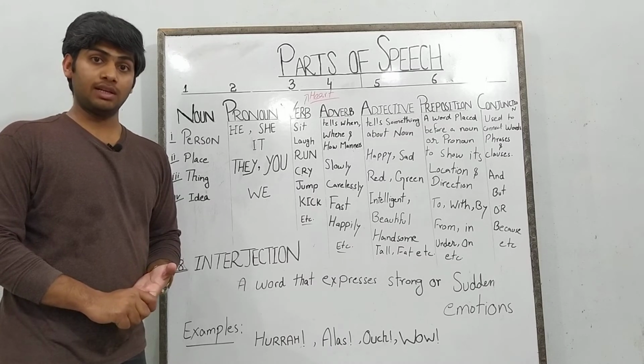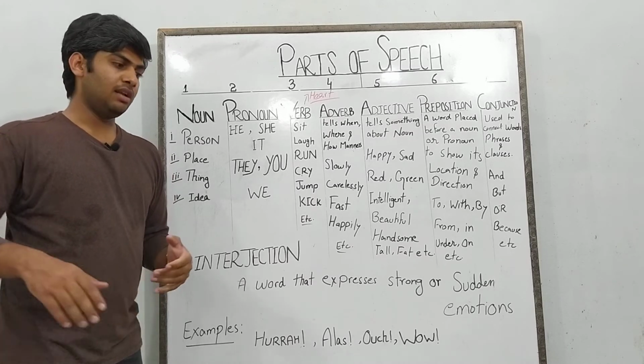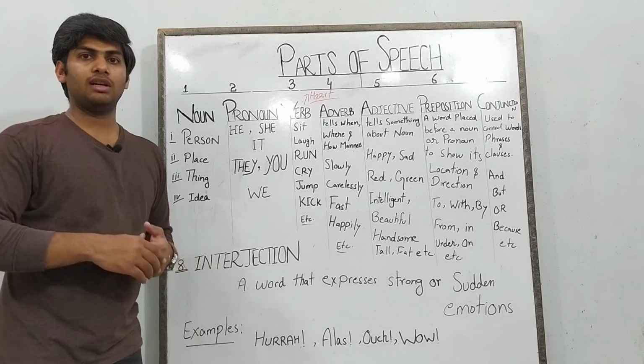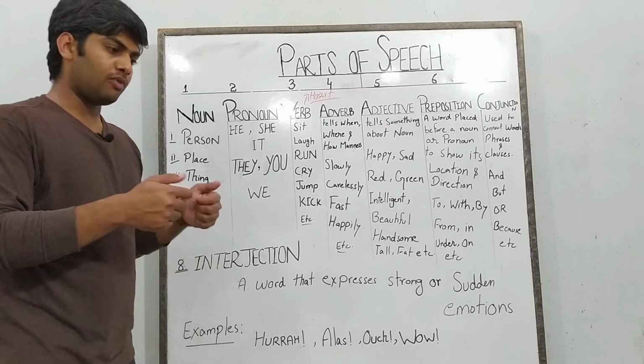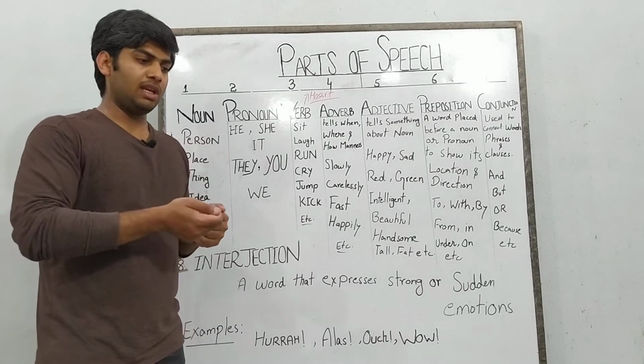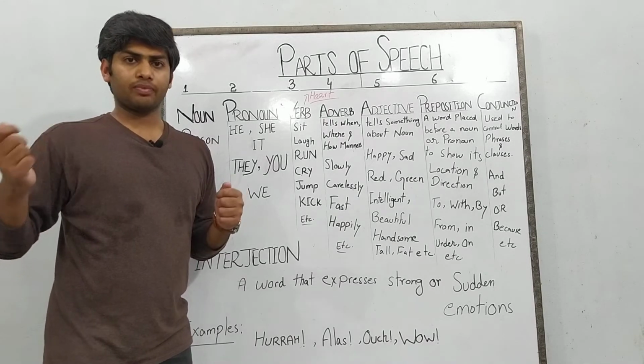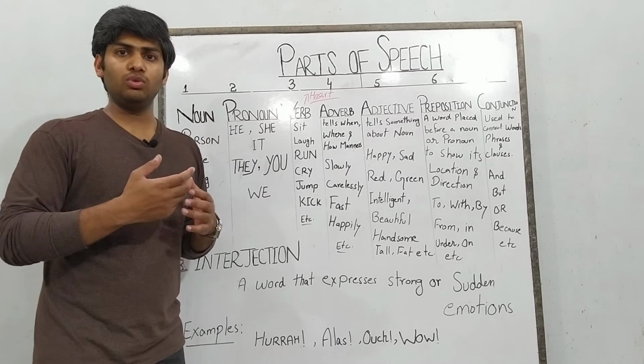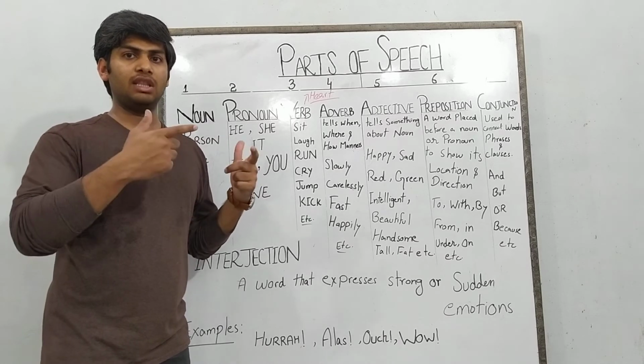For example, a person is sitting on a chair watching a movie, and his brother comes to see him and cries out the news that Pakistan has won the match.